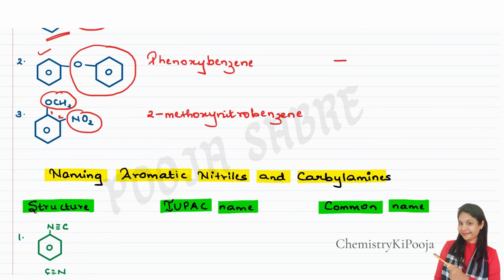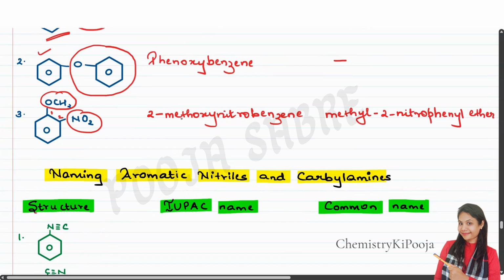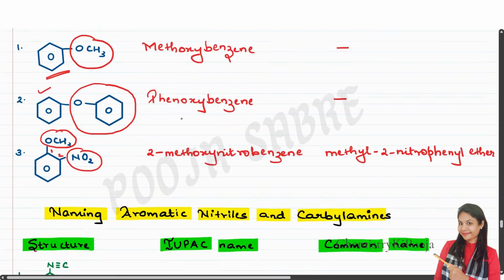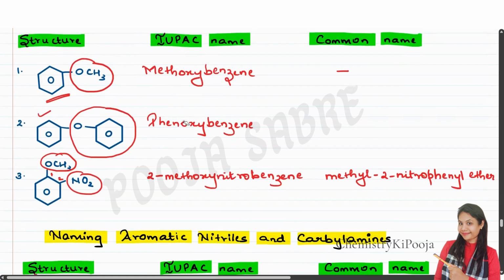Coming to the common names. For the above two, we cannot write the common names. Now the third one, the common name will be methyl, then 2-nitro, then the phenyl group, and then ether. Sorry, your common name, this we can write here.